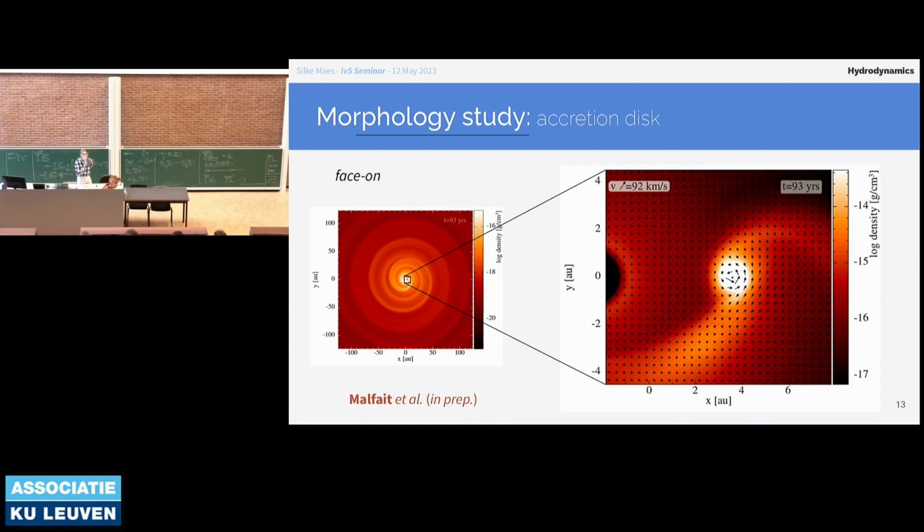Question from Pablo. Hey, thanks for the talk. I'm curious, you have this time-dependent model for the chemical species, but would it be a very poor assumption to assume chemical equilibrium at a given temperature and density? Yeah, in this case that won't work because our outflow is moving.